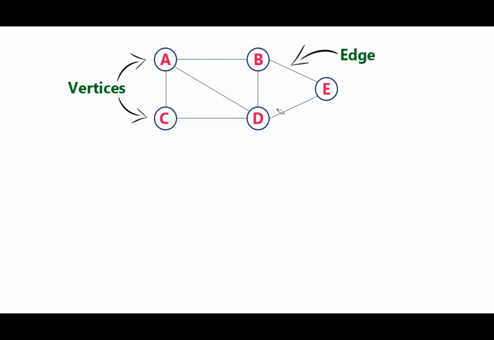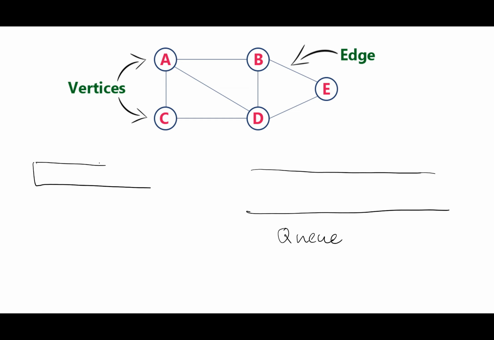Okay, so let's look at one example. We know that for BFS, we use a queue, right? So this is a queue. That's one thing. And we said we have to have something to keep track of the nodes that are visited, so that we don't come back again to the same node.